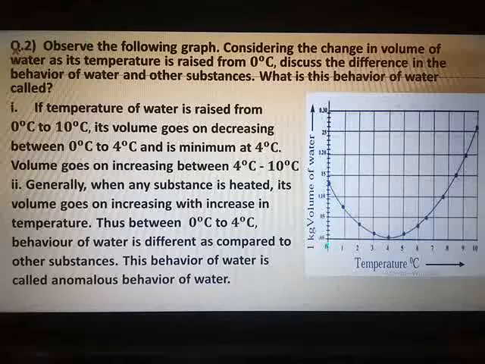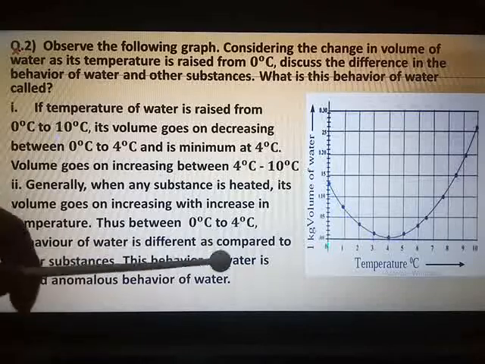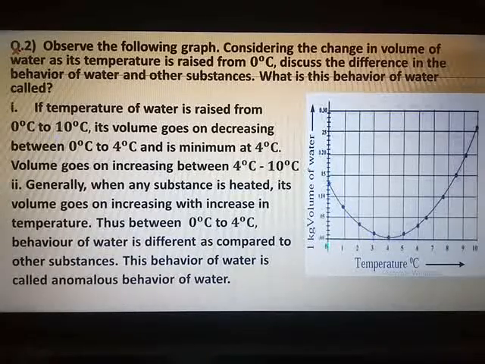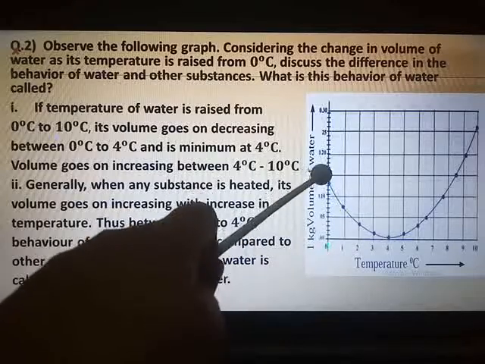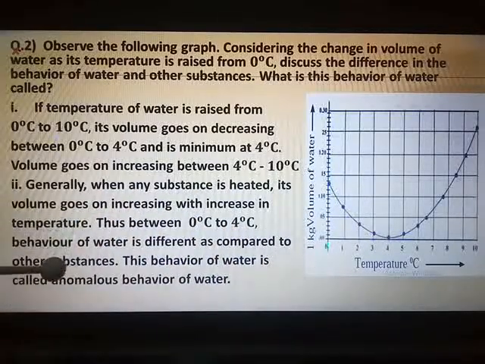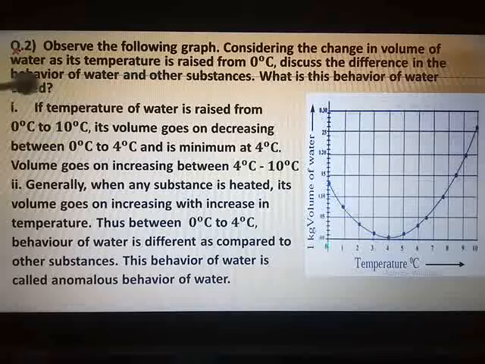So it is something exceptional for water. Thus, between 0 degree and 4 degree, the behavior of water is different as compared to other substances. Other substances' volume goes on increasing, whereas in the case of water, between 0 and 4 degrees, volume goes on decreasing, and this behavior of water is called the anomalous behavior of water, because they have asked in the last part, what is this behavior of water called?